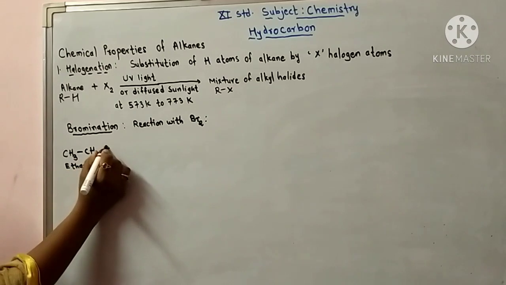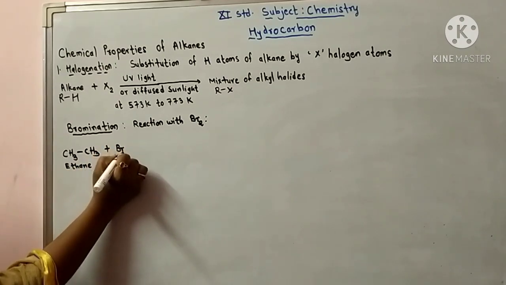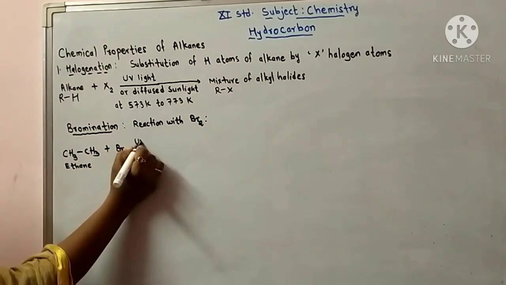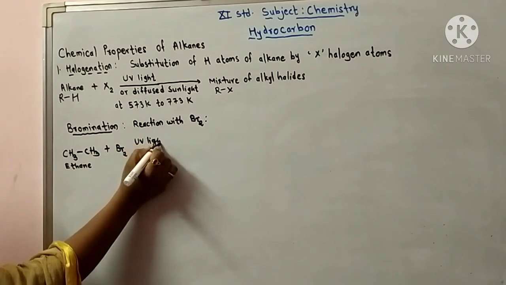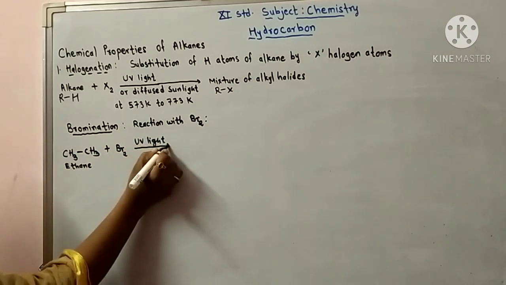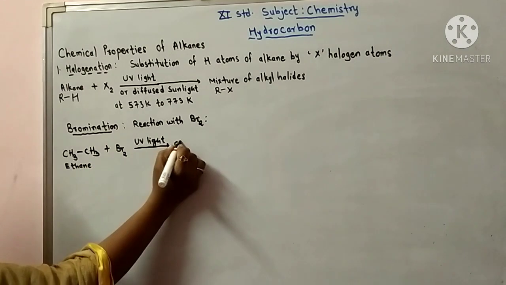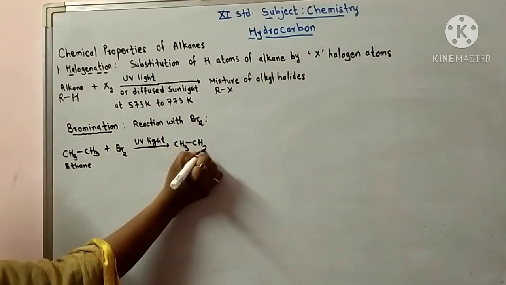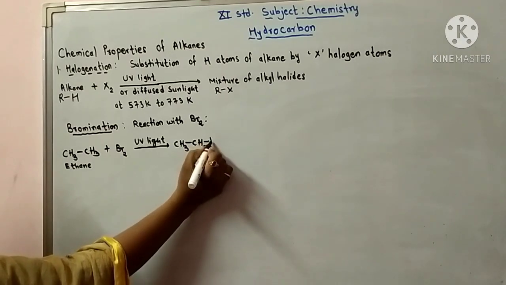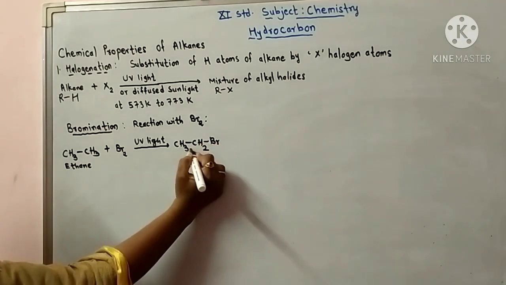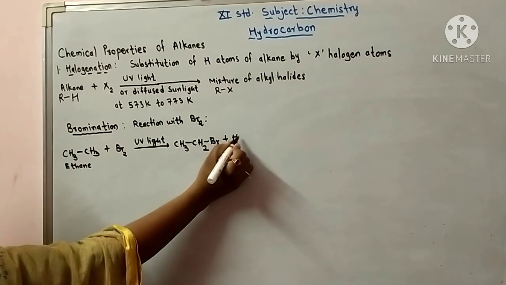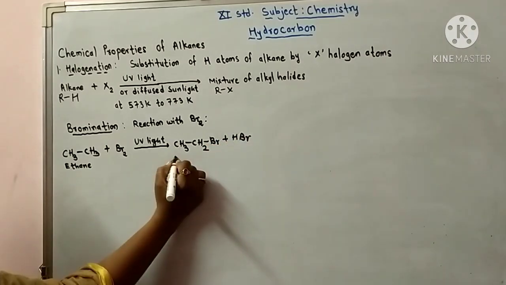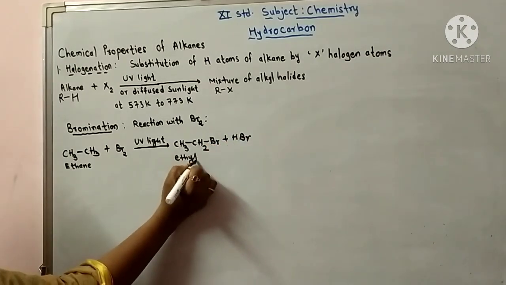Ethane, when it reacts with bromine in the presence of UV light, a hydrogen atom is replaced by bromine. One hydrogen atom is replaced, therefore CH2, and bromine is substituted, so CH3CH2Br plus HBr. So ethyl bromide is formed.